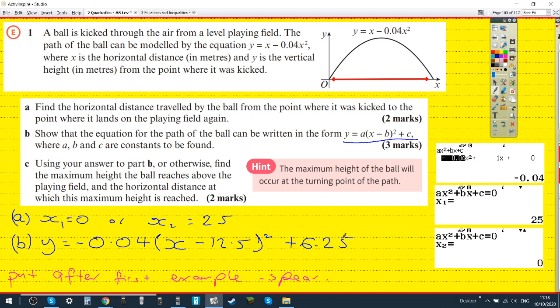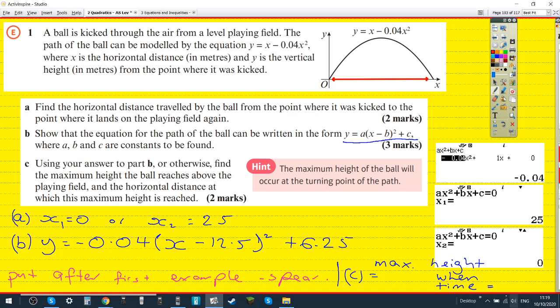Yeah. Question C. So would the maximum height the ball reaches be 12.5?